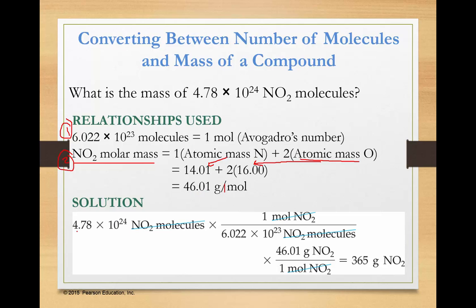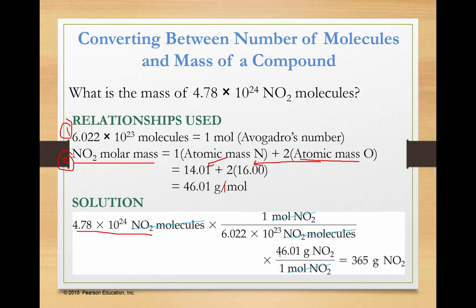All right, so now we can start with what we're given. 4.78 times 10 to the 24th molecules times the 1 mole per 6.022 times 10 to the 23rd. Got our Avogadro's number. That's the number of molecules. Those cancel out. So that's leaving us with units of moles, but we don't want moles. We want mass in grams.